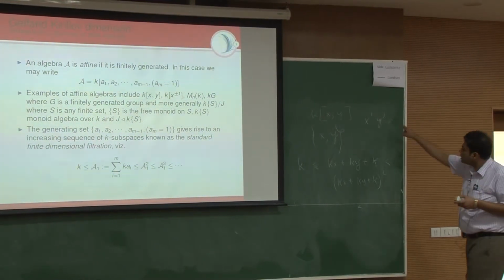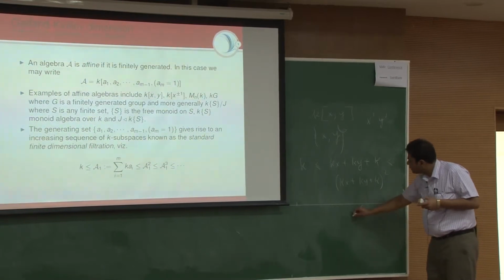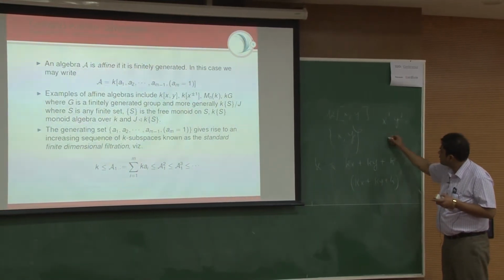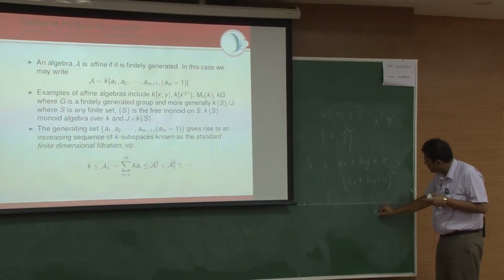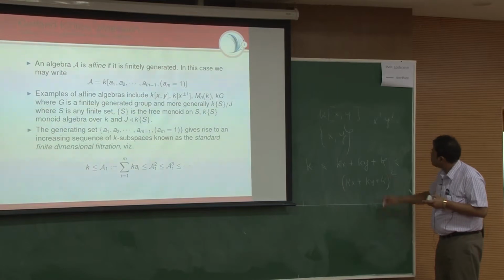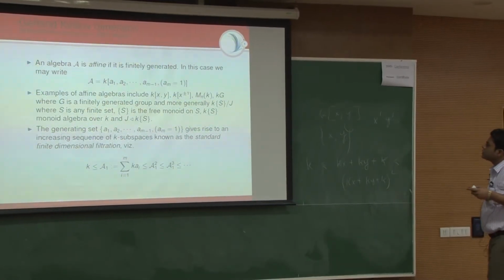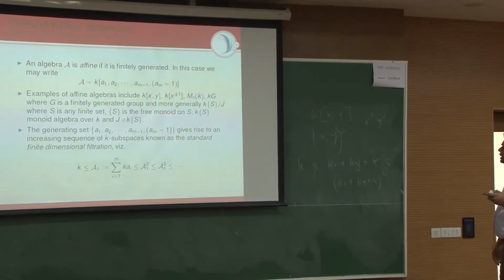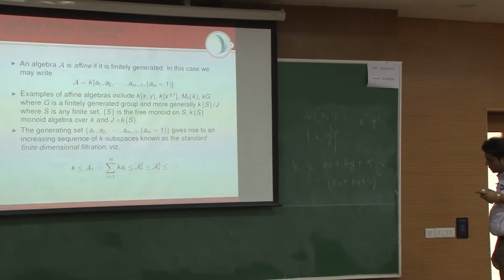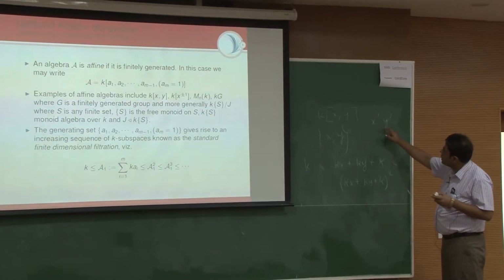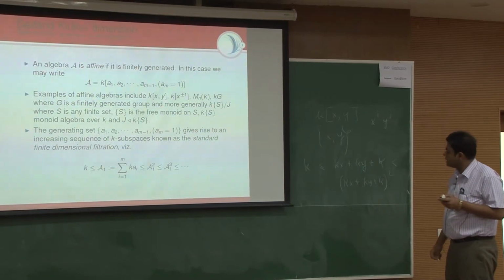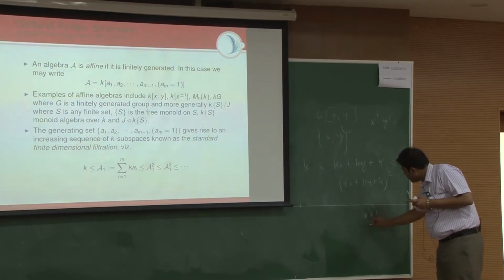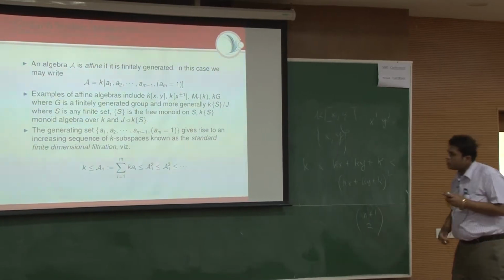In the case of this polynomial ring, you will find that for the second term it is 3, and in general, if you look at all the words of length less than or equal to n, the dimension of the subspace spanned by these words will be n+2 choose 2.